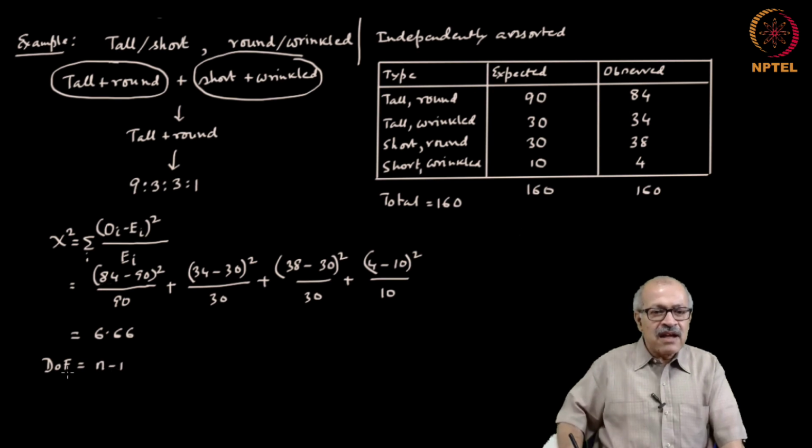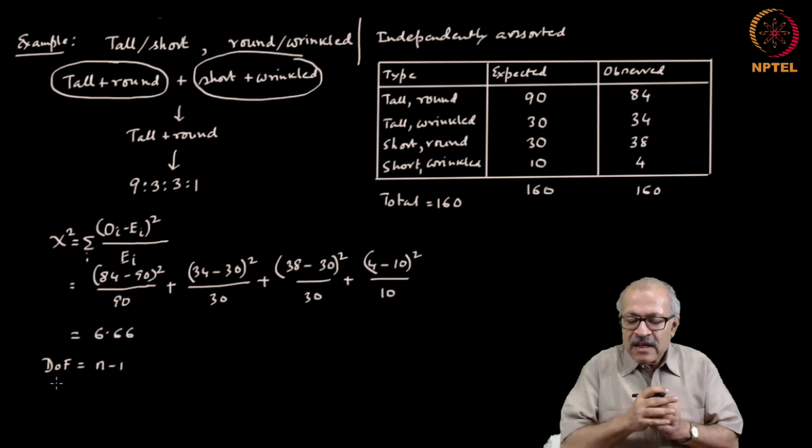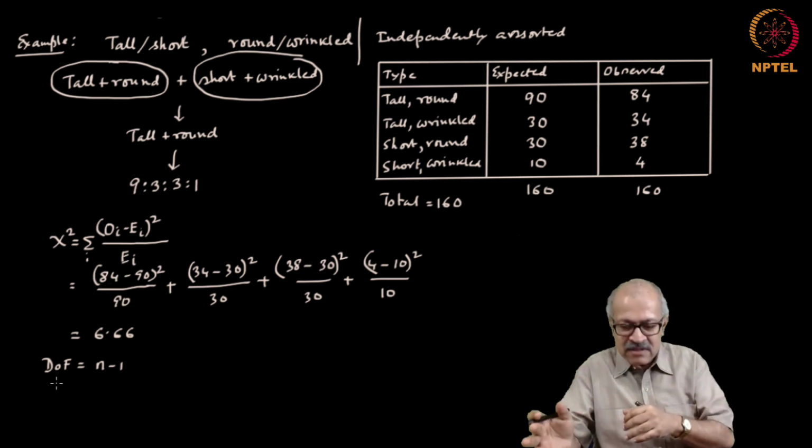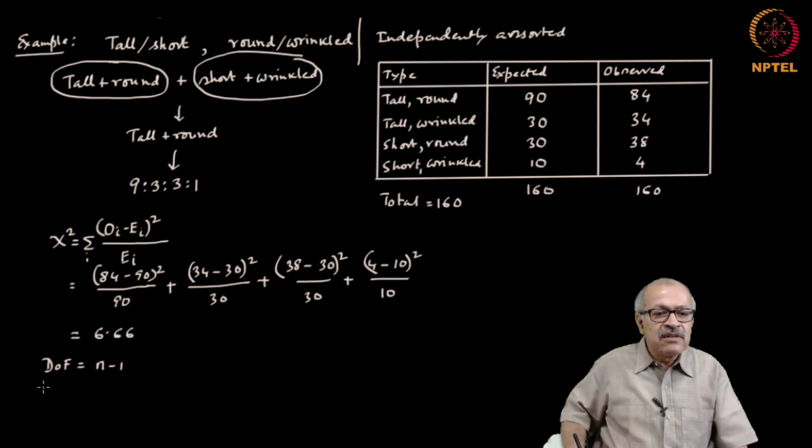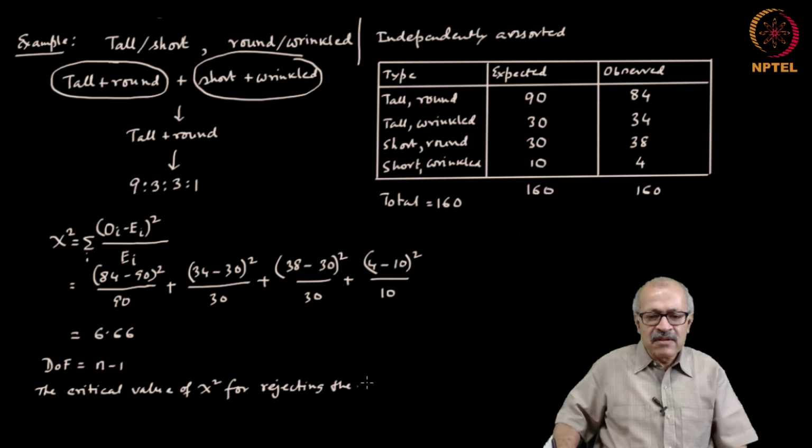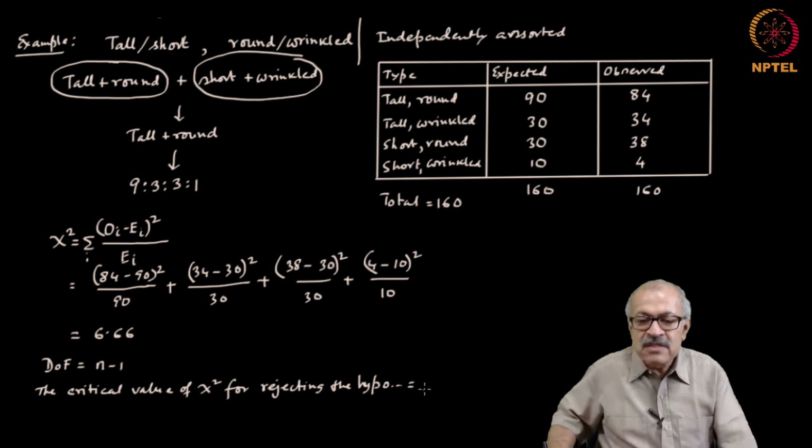The table says that the 0.05 level of significance happens at the critical value of chi-square for rejecting the hypothesis, in this case the null hypothesis, that comes out to be 7.815.